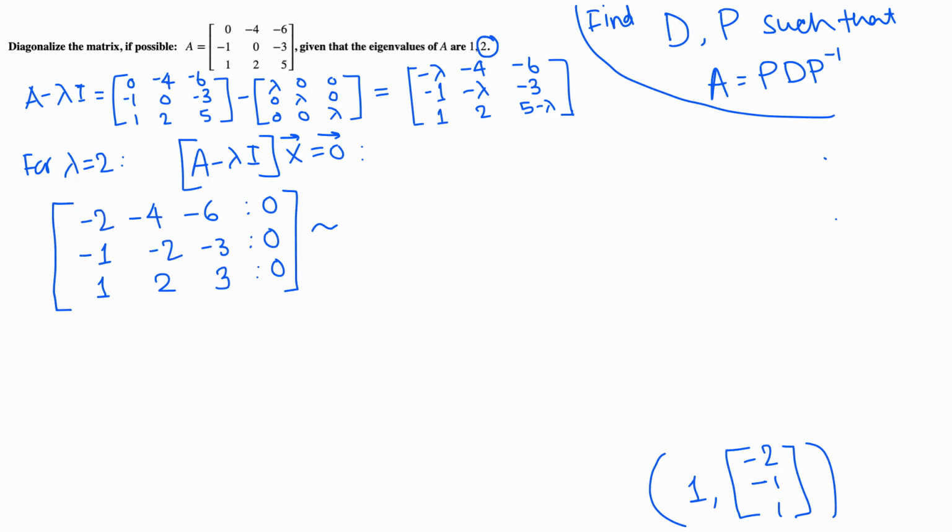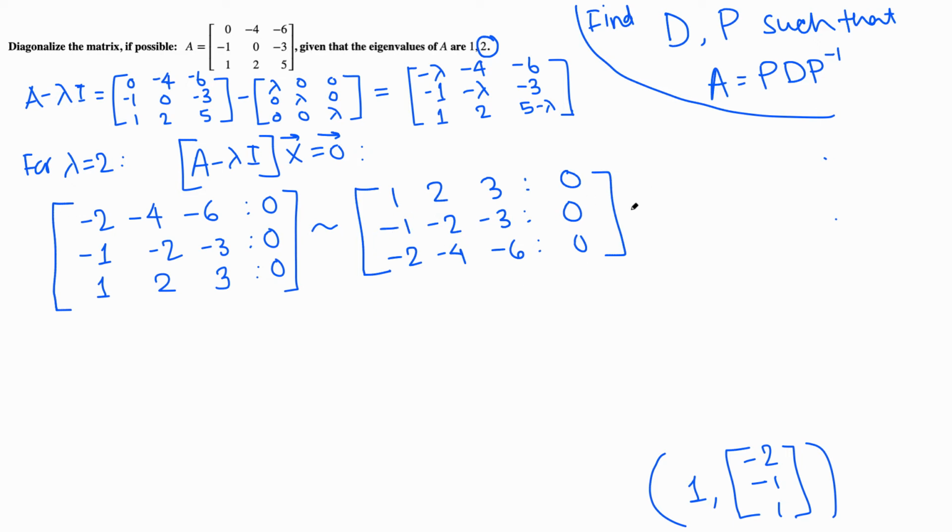So lambda equals 2. Plug in lambda equals 2 here. So let me swap row 1 and row 3. So 1, 2, 3 on the top, then negative 1, negative 2, negative 3, and this one is negative 2, negative 4, negative 6 equals 0.